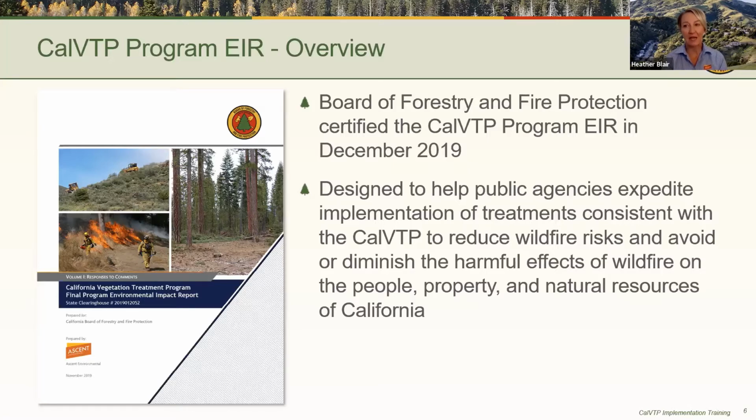I'll revisit this again, but I just wanted to state it up front here because we receive a lot of questions about this. Who can use the CalVTP and who complies with CEQA? Again, it's the public agency that needs to comply with CEQA.